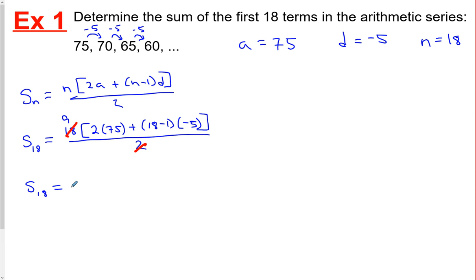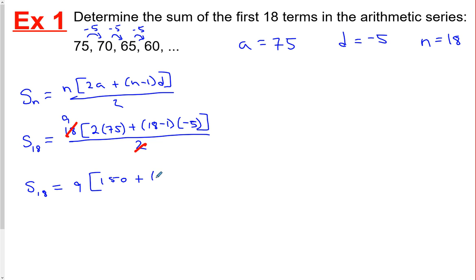So I've got 9 times 2 times 75 is 150. 18 minus 1 is 17.